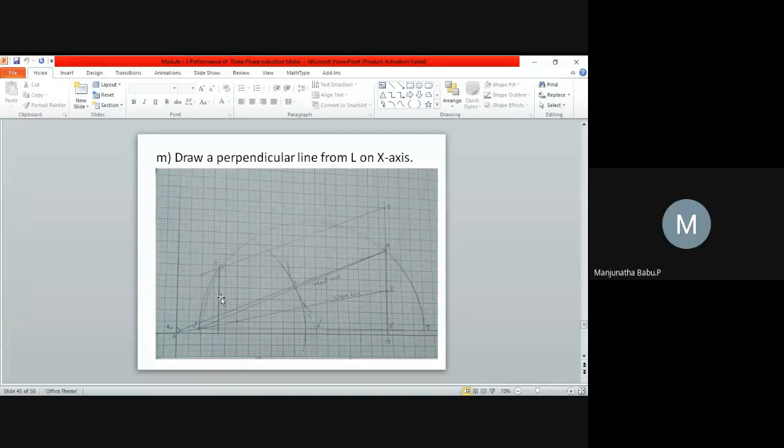Draw a perpendicular line from L on the x-axis. Completed?